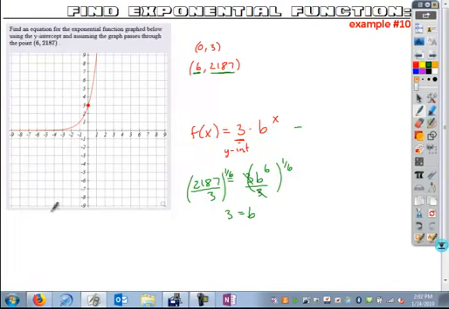So my final answer here is f of x is equal to my initial value, my intercept, times 3 to the power of x. I'm not sure exactly how it'll be entered, but any of the forms would be fine. You can use the equation editor for that as well. But this would be my equation.